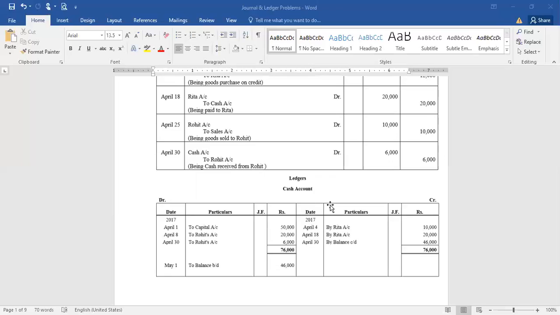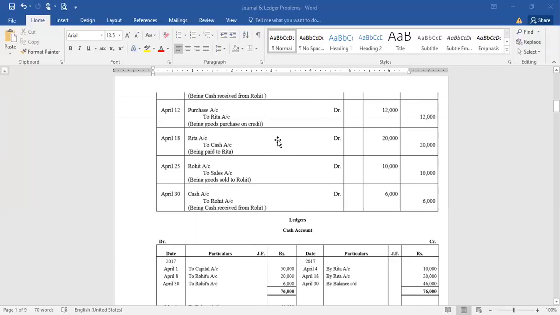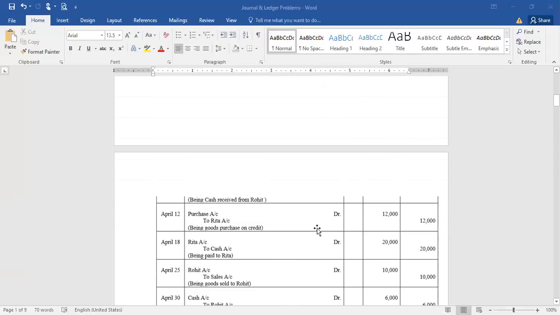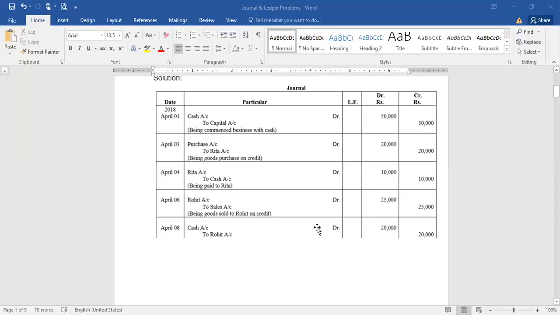So after keeping all this in mind, we have to go for the posting to the ledger. For every account we mentioned in the journal, we have to open a separate ledger account. Let me see the first transaction, that is cash account debtor to capital account.